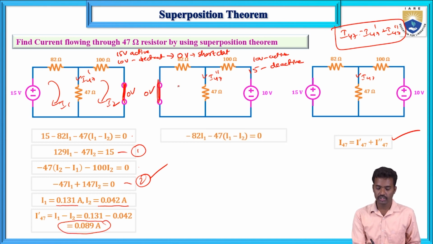Now for the second circuit, with I1 and I2, same thing, but here the 15 volts is replaced by a short circuit, so this value is 0.